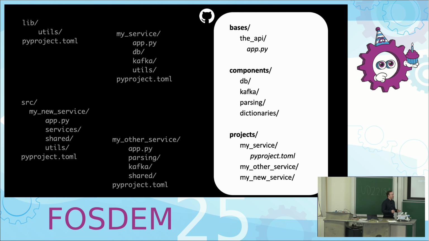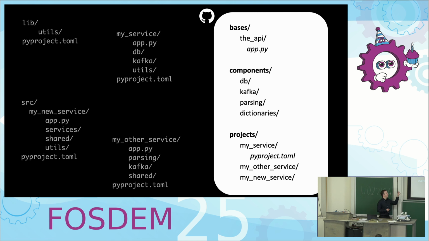But the basic idea, the main thing, is that you structure your monorepo with three top folders. One called bases, another called components, and a third one called projects. Let's say that we have all these different services in different repos.